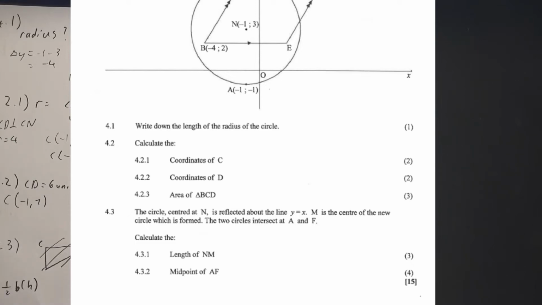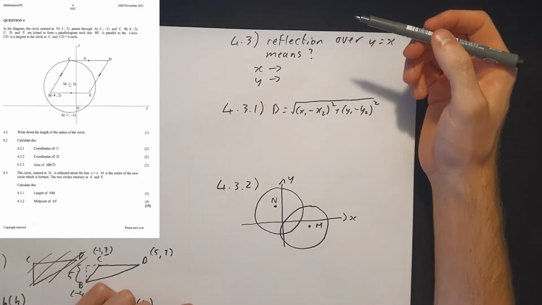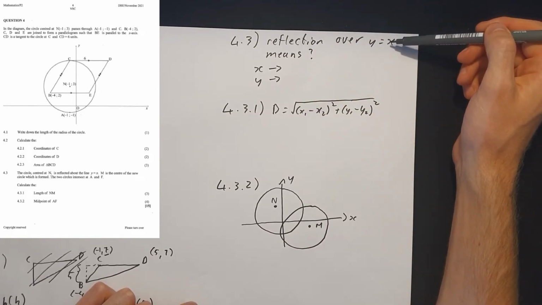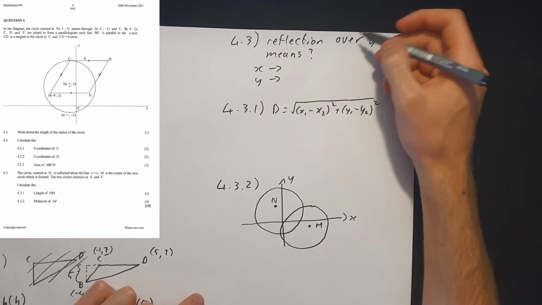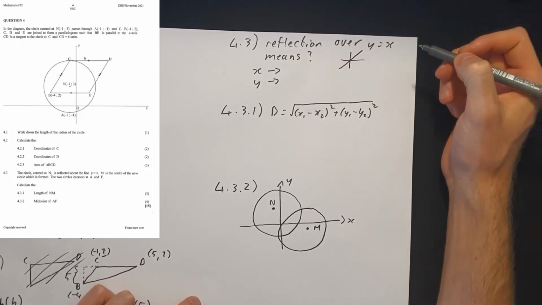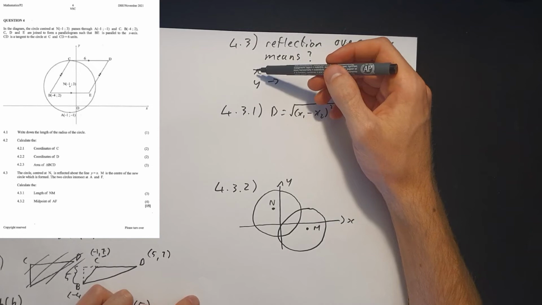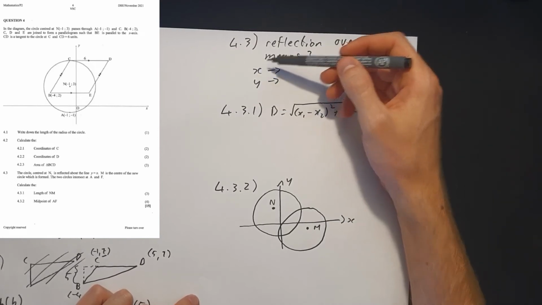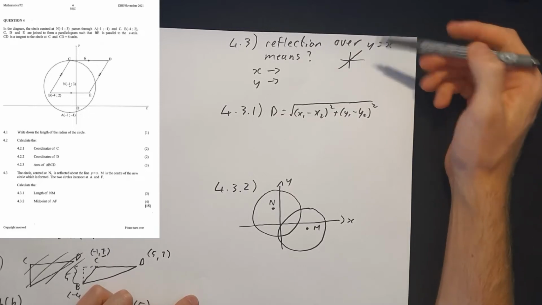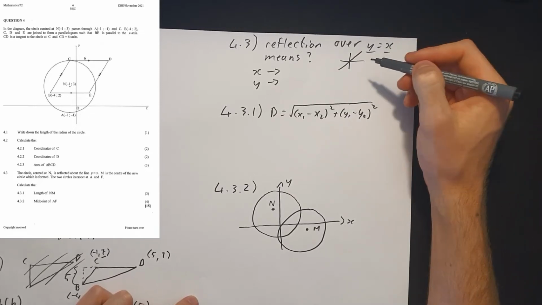These two circles intersect at A and F. They haven't indicated F on the diagram, but when we reflect over the line y = x, it's a 45 degree line. If you have your axes there, we're reflecting over that line. What it's saying is my x value now becomes my new y value, and my y value now becomes my new x value, because of them being equal to each other.